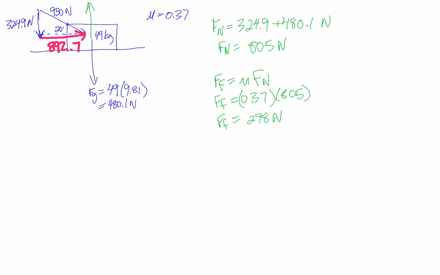Now let's redraw our diagram. Our upward force, our normal force, balances out our two downward forces, so we don't have to worry about that. Our net force on the box then is, we're pushing it to the right with 892, and we've got friction counteracting it by 298.